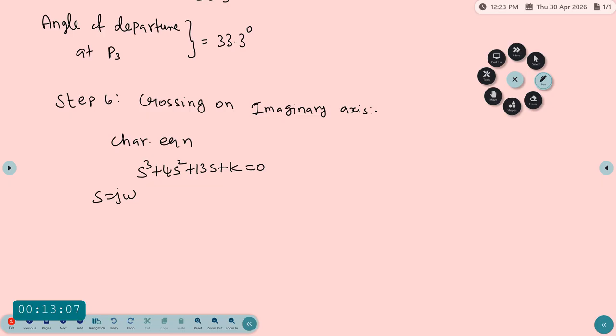Just substitute it here. If we substitute s equal to j omega, we will get (j omega) whole cube plus 4 into (j omega) whole square plus 13 into j omega plus k, which is equal to 0. Right?